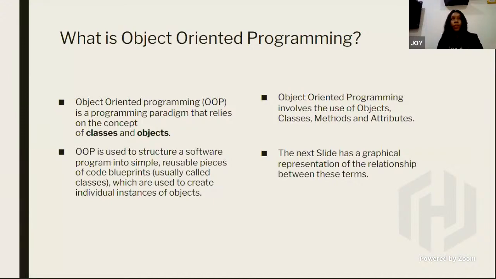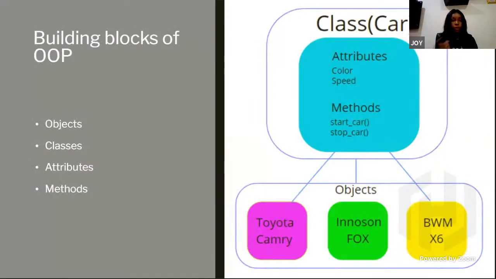Let me go on to the building blocks of object-oriented programming. There are 4 building blocks: objects, classes, attributes, and methods. I have an illustration here that gives an overview of the relationship between these.